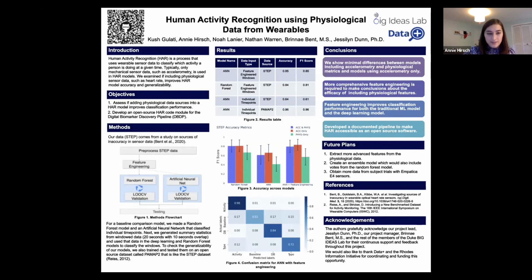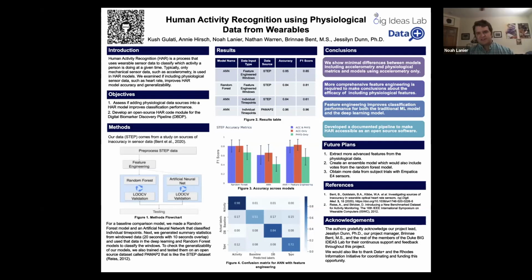And finally, we know this is a promising path to go forward with more comprehensive feature engineering because in both our deep learning and our machine learning models, there was an improvement in accuracy once we did the feature engineering on the windows. And finally, we developed an open source platform so that anyone who has human activity recognition data can do an end-to-end analysis on it and build their own deep learning models.